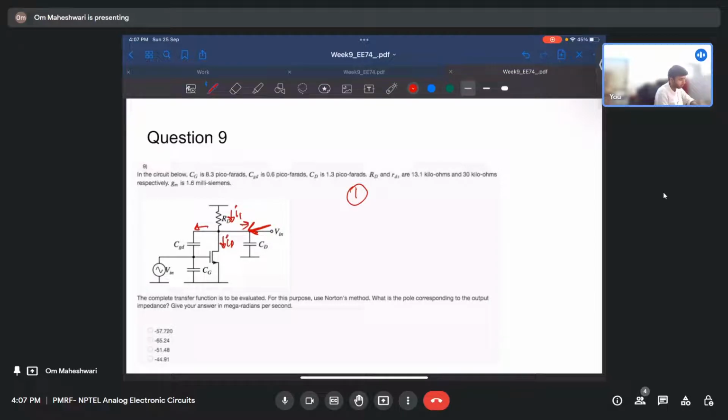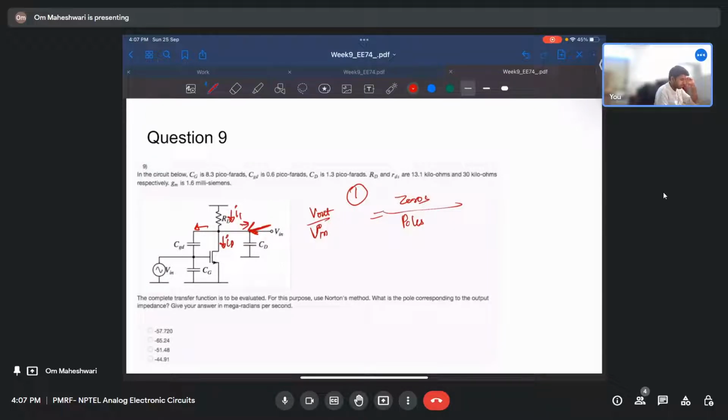By solving all these current equations, you can get V out by V in. Then you can see what the zeros and poles in the circuit are.